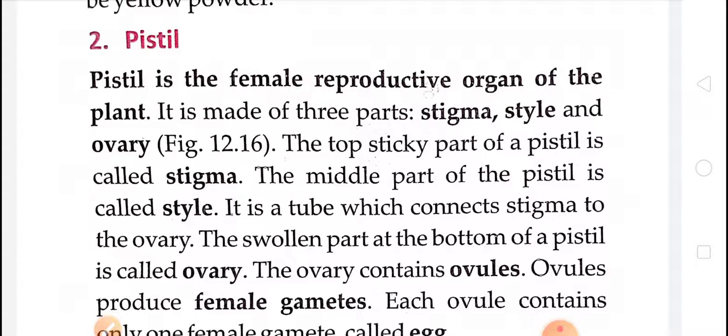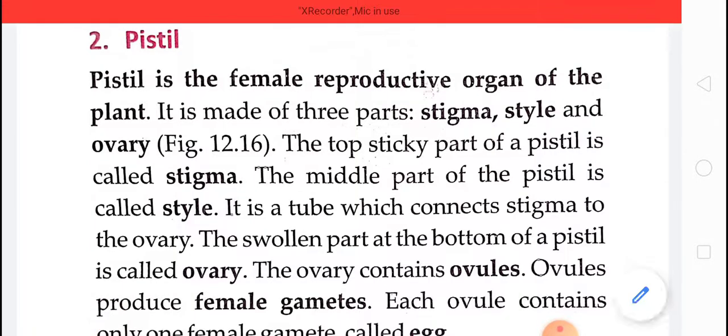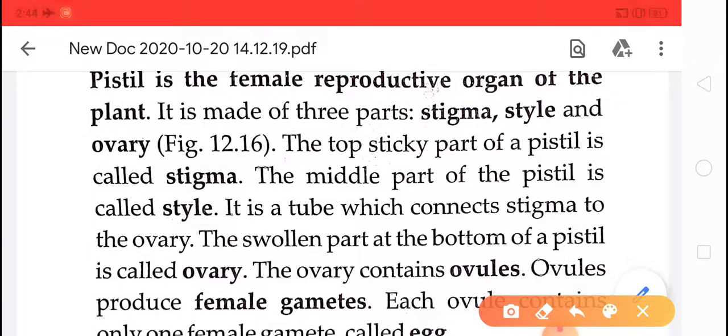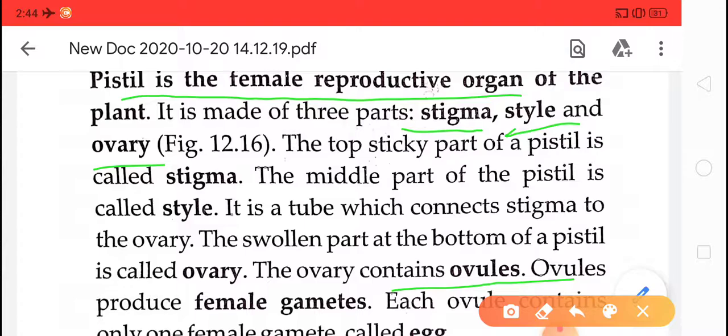Next is the second part of the flower, the female reproductive organ, and its name is pistil. Pistil is the female reproductive organ of the plant and it is made up of three parts: number one, stigma, number two, style, and number three, ovary. The ovary also contains the ovules.